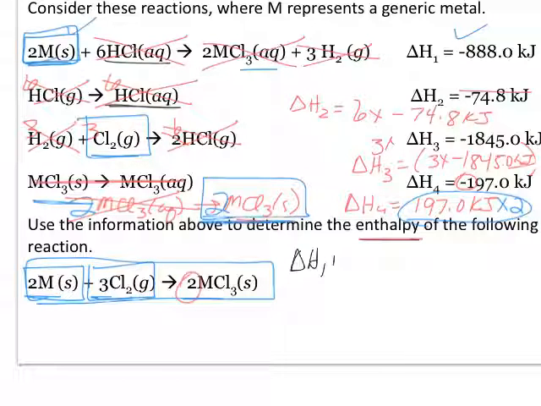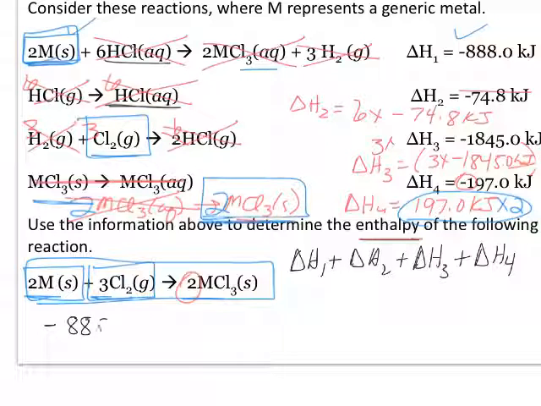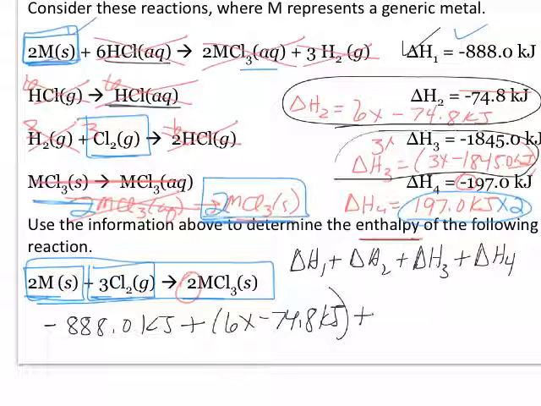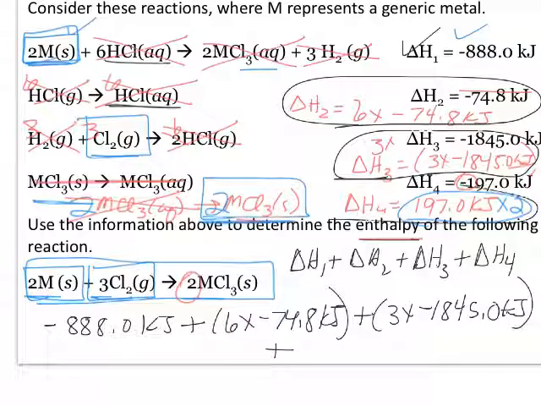We're just going to do 1 plus 2 plus 3 plus 4, and that is going to give us our overall delta H. So it's going to be negative 888.0 kilojoules, plus this one here, we multiplied it by 6: 6 times negative 74.8 kilojoules, plus this one we multiplied by 3: 3 times negative 1,845.0 kilojoules, and then plus this one, reverse the sign and multiply it by 2: 2 times 197.0 kilojoules.